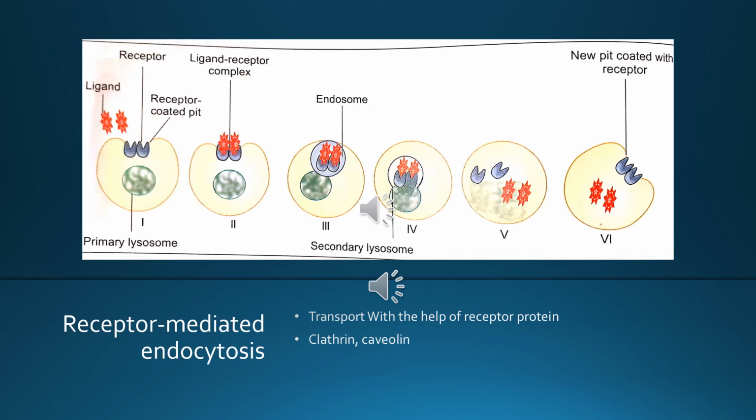The ligand receptor complex, when it gets aggregated, the pit is detached from the cell membrane, becomes a coated vesicle, forms the endosome and moves into the interior of the cell. Rest is the same. Primary lysosome fuses with this endosome to form secondary lysosome. The hydrolytic enzymes get activated, resulting in the release of the ligands into the cytoplasm, and the receptor moves back to a new pit in the cell membrane.